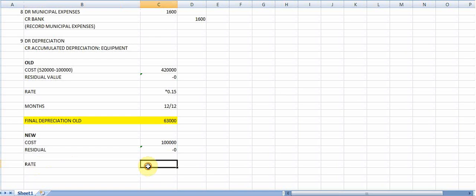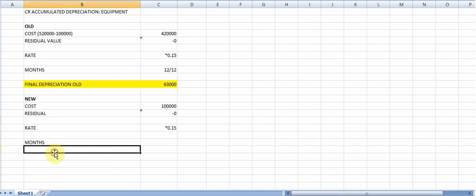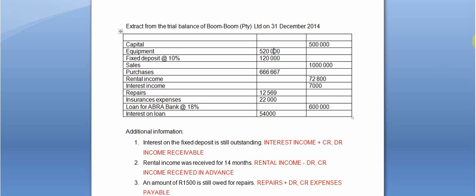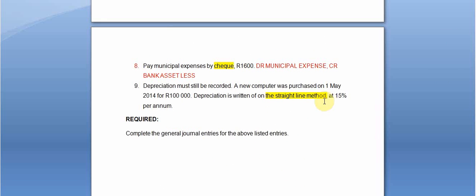The rate is still, I need to multiply by 15%. And then I need to go and figure out the months. So I'm going to say, when was this asset, the new asset, purchased? They tell me it was purchased on 1 May.